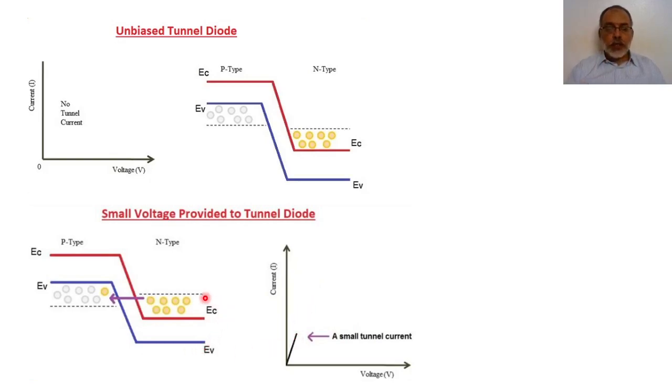Now, by increasing the negative voltage here, it means that we are going to increase the energy of the N type and decrease the energy of the P type. Or in other words, we are going to decrease the difference between the energy of the P type sample and the N type sample.